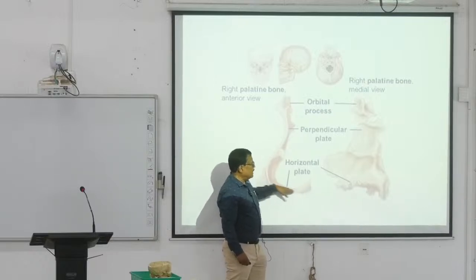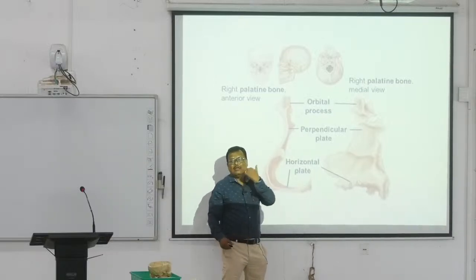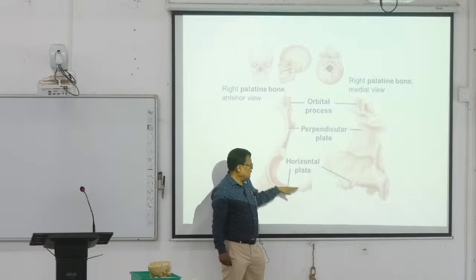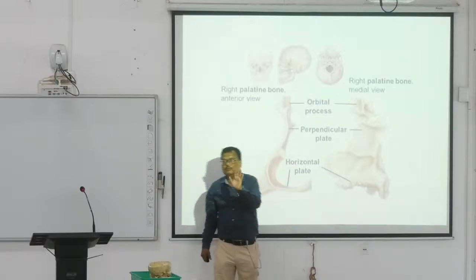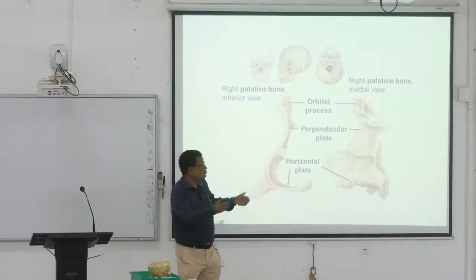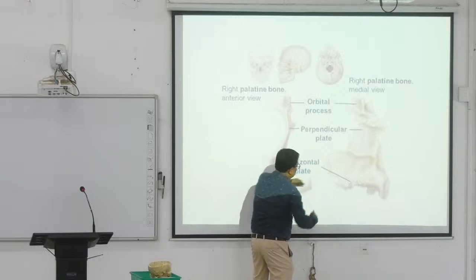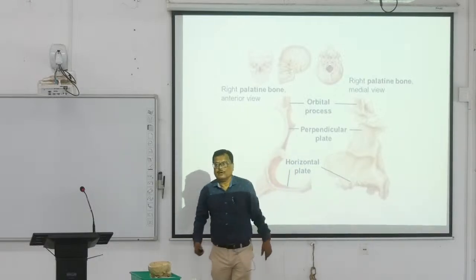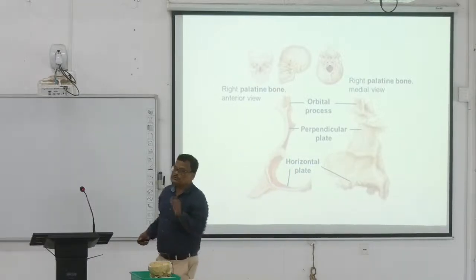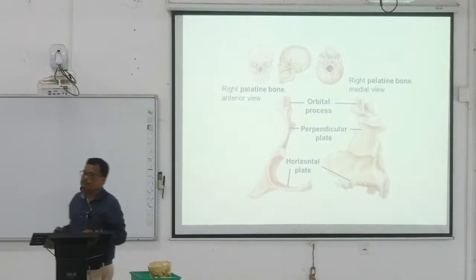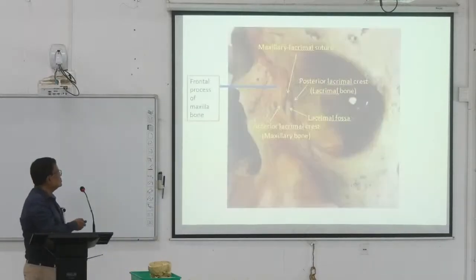It forms a part of the hard palate, the posterior part of the hard palate. This horizontal part is not needed here, but I told you. When two palatine bones join together, the two horizontal parts form the posterior part of the hard palate. So the palatine bone is also a small bone, but it is very important.